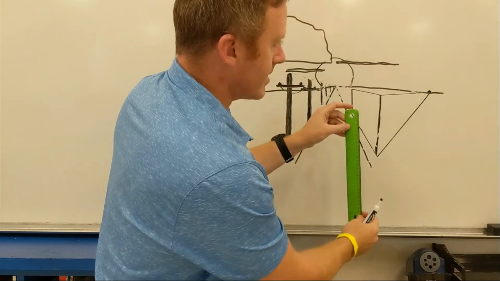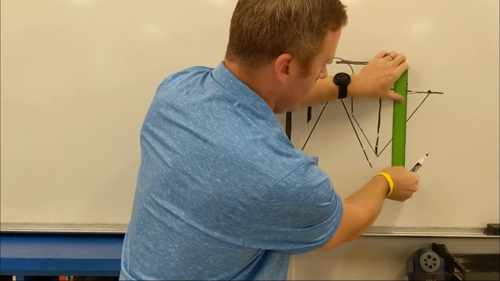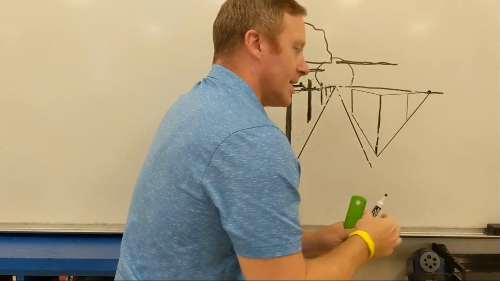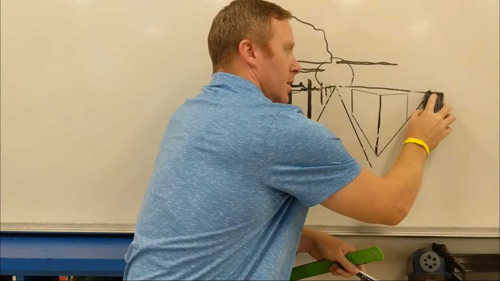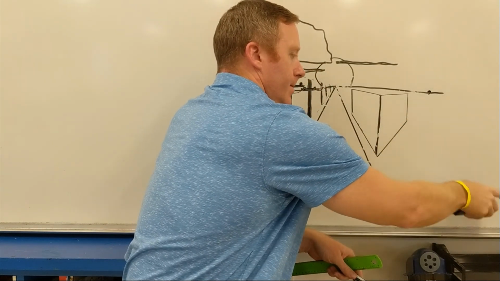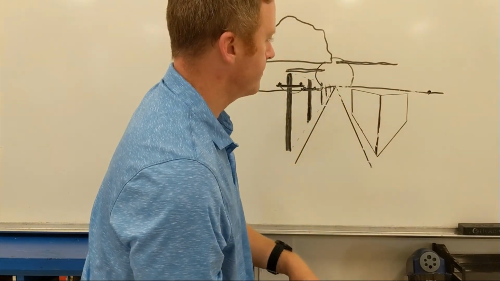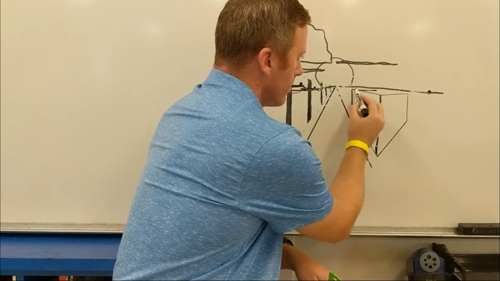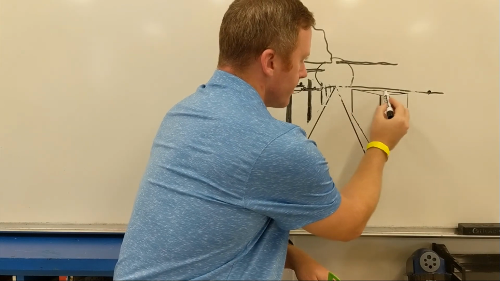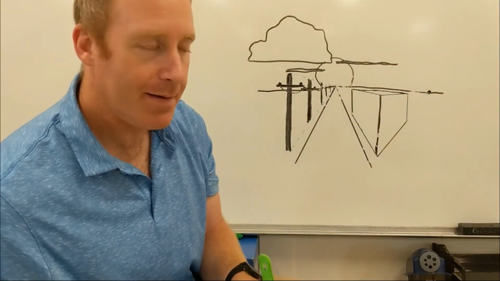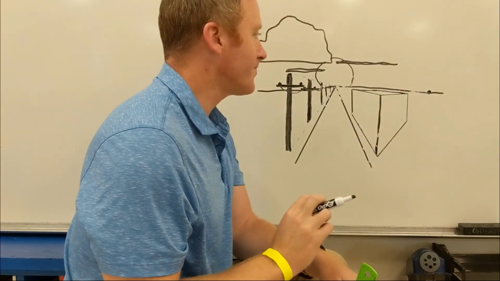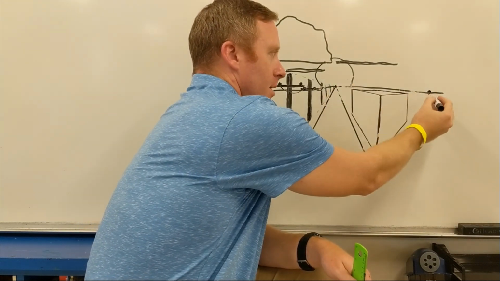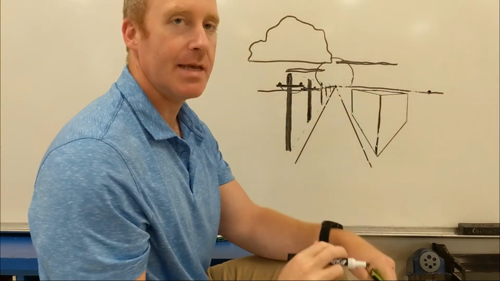And then, based on how big you want your building to be, you just draw a vertical line and then erase what you don't want to use. So for right now, I'm going to stick with that being a flat top building just to make things a little bit easier. But you can see now that by using 2 points for our perspective, you get to see more than one side of something.